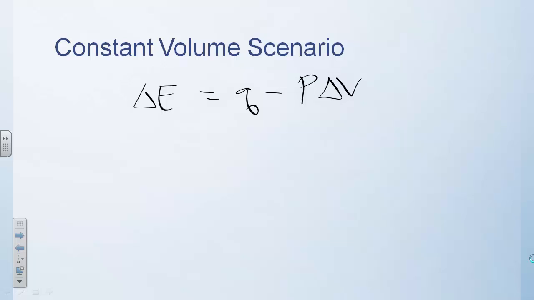If the system can't expand and can't do any work, that's fine, because delta V is equal to 0. This whole component drops out if you have a constant volume scenario. So under constant volume, delta E can be found by simply monitoring the heat flow. Delta E is equal to Q, and we call this Q sub V, in other words, the heat flow under a constant volume scenario.